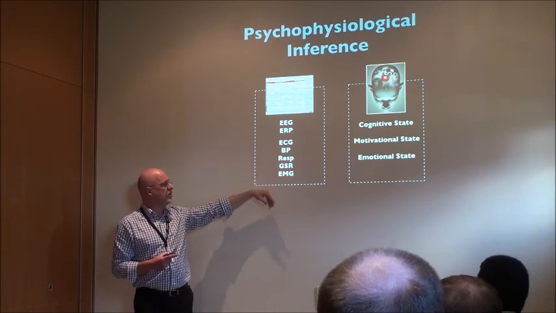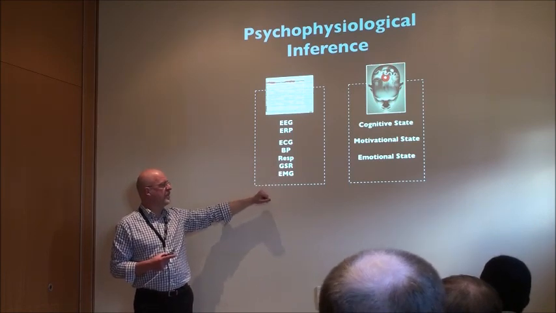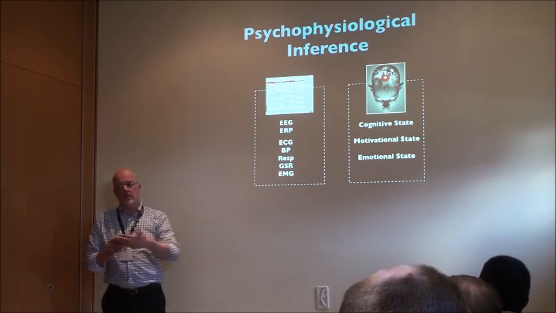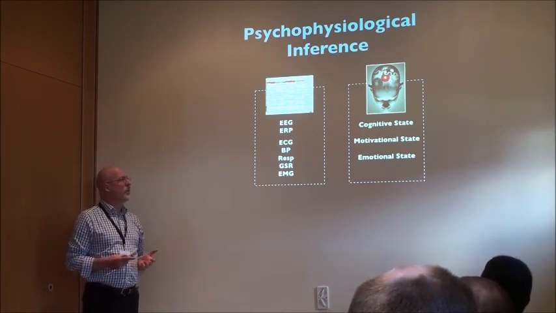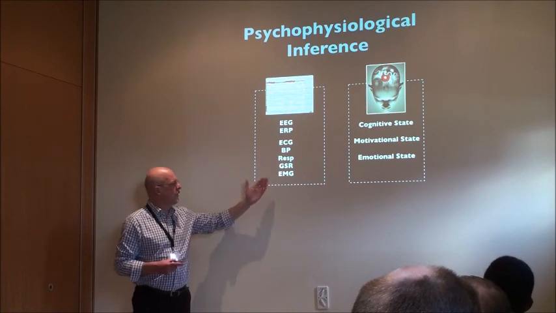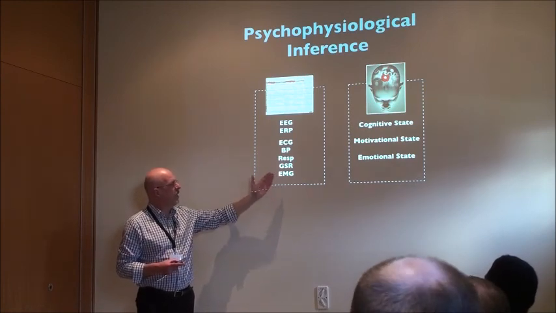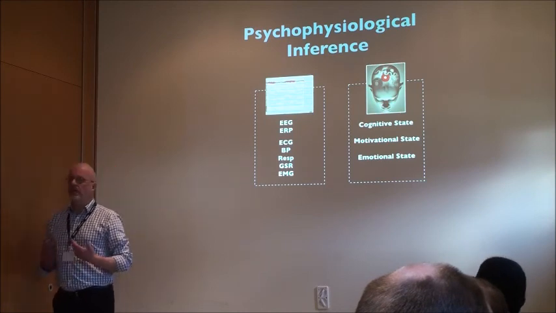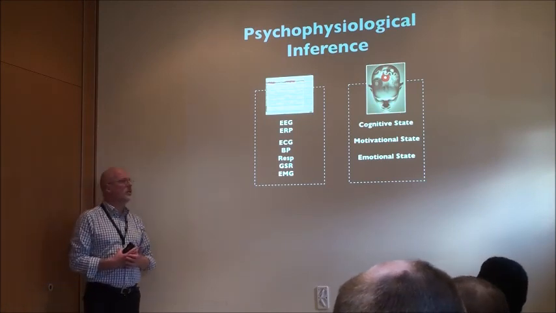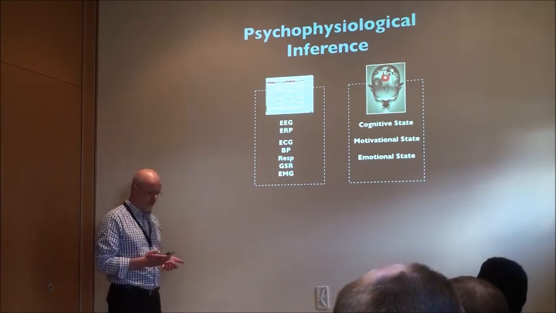GSR, or skin conductance level, is a measure of sympathetic activity. And EMG is the activity of the muscles. So you have lots of different measures that you can use. And what we then have to do is translate those different measures into the cognitive state of the person, or the motivational state of the person. Are they trying hard or not? Or whether they are happy or sad.